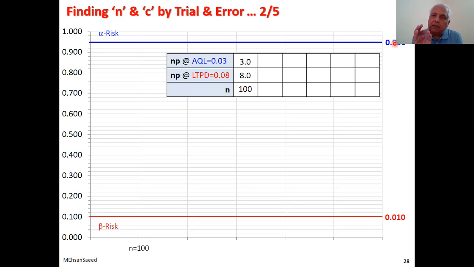And that Poisson tables tabulate probabilities of acceptance, not rejection. So alpha risk of 5% translates into probability of acceptance of 95%. And that is what we are going to look for. So let's now shift our screens back to Poisson tables. Remember, we have to enter at 3 and 8.